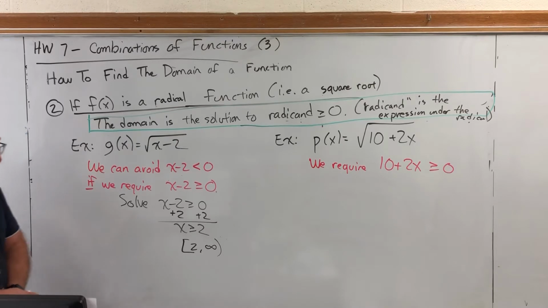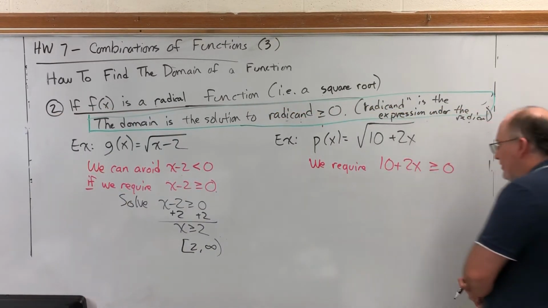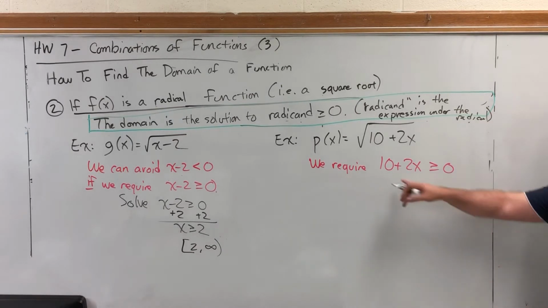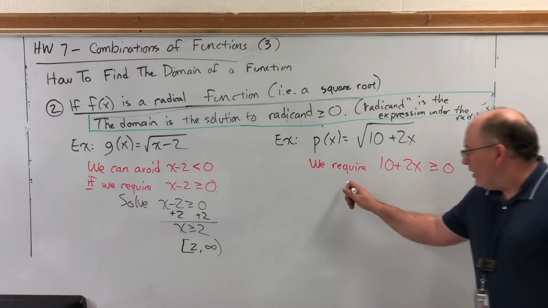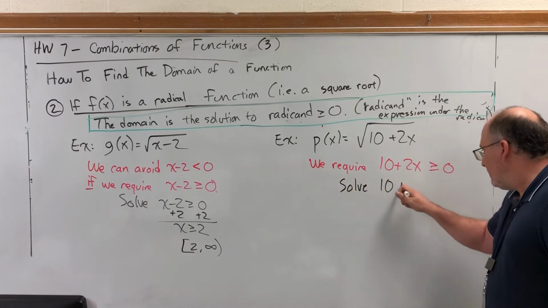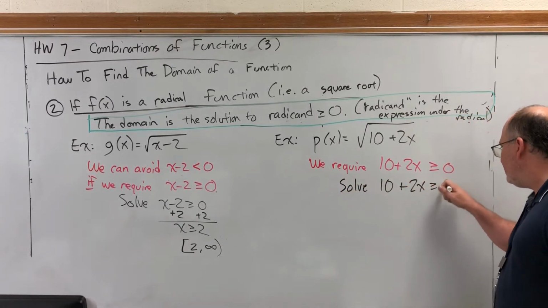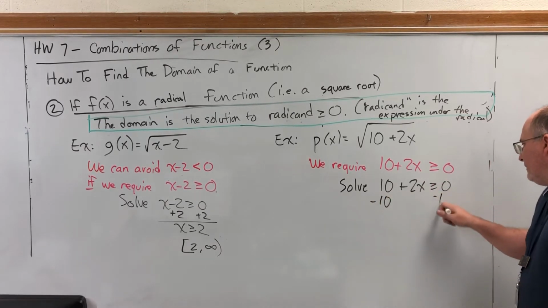The other one's pretty much the same thing. There's just one small twist. I invite you to pause the video for a second to see if you can solve this inequality. All right, let's solve this. If I want to solve 10 plus 2x is greater than or equal to 0, I would recommend subtracting 10 first.